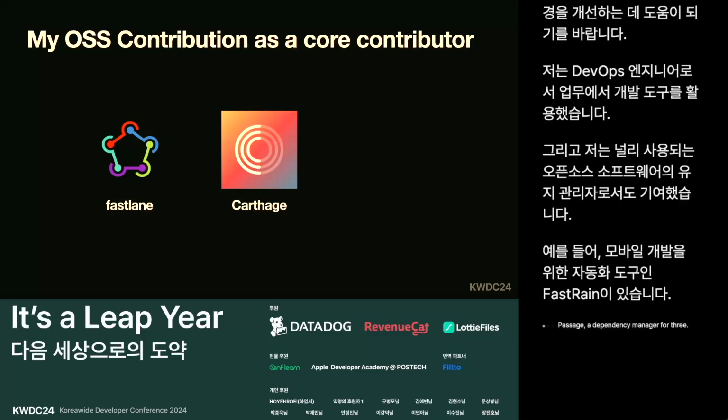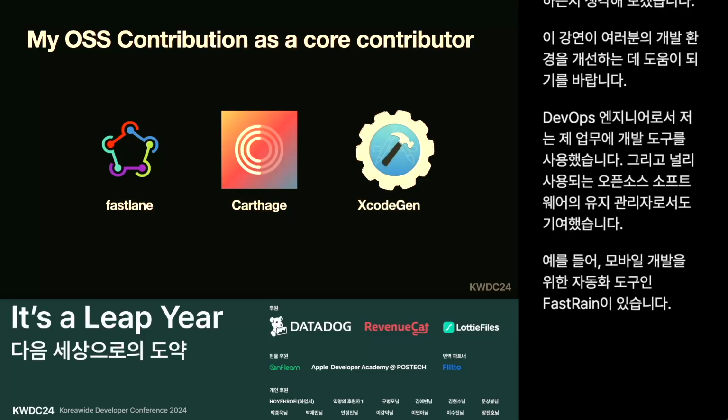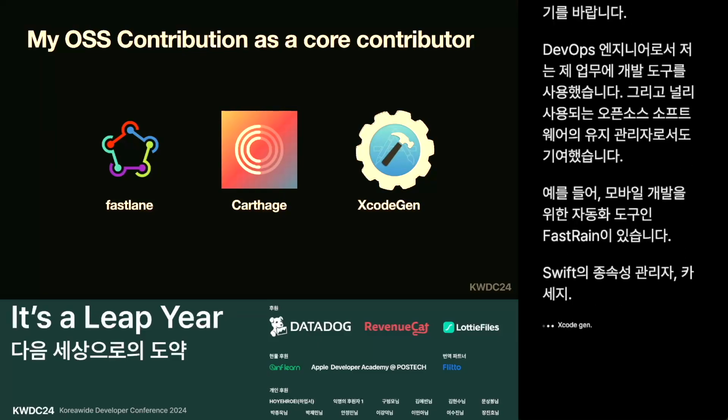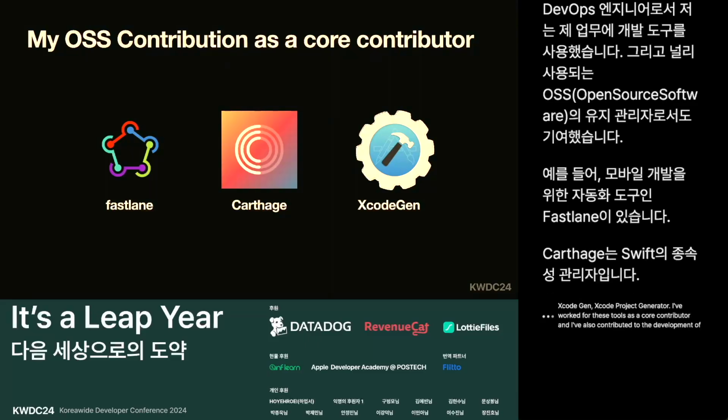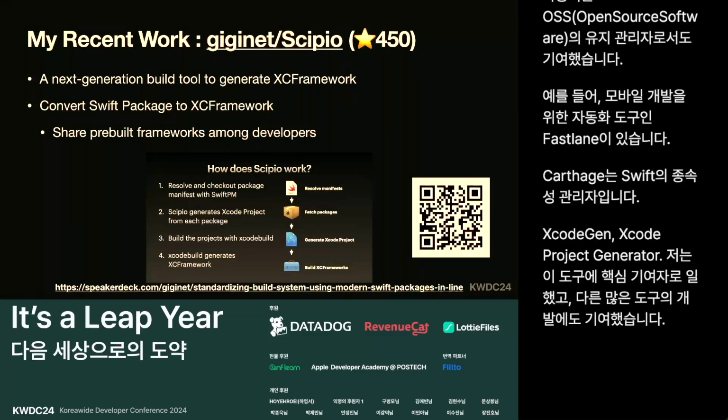Carthage, a dependency manager for Swift. XcodeGen, an Xcode project generator. I've worked for these tools as a core contributor, and I've also contributed to the development of many other tools.